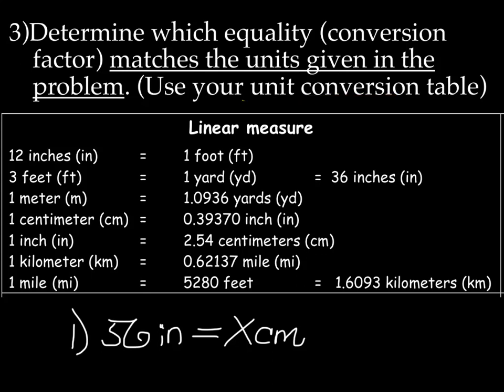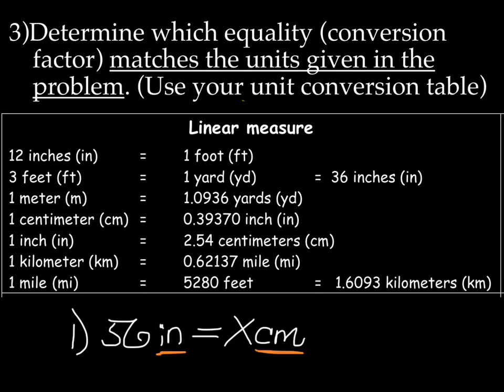Okay, now let's do step 3. So again, step 3 says we need to determine which equality or conversion factor matches the units given in the problem. That's the one we're going to use. So I wrote step 1, which is our math problem, down below, and we have the units inches and centimeters. So we're going to look through our unit conversion table, and I actually just put on the page the right one to look at, but you might have to search a little bit more.